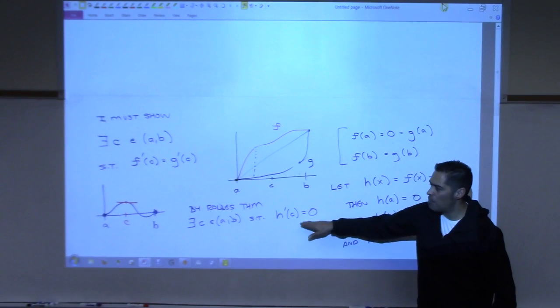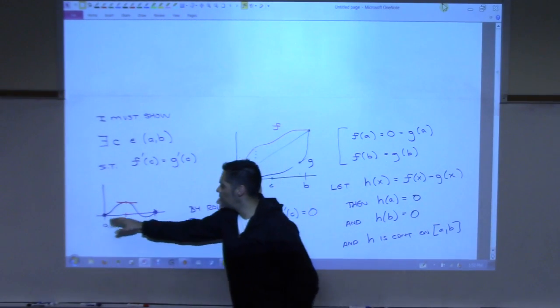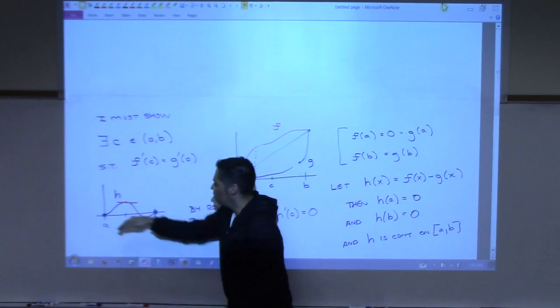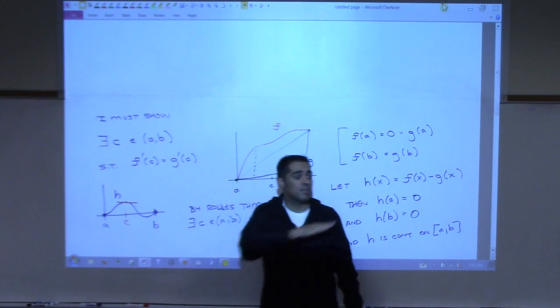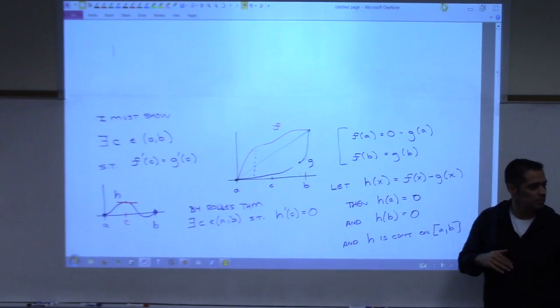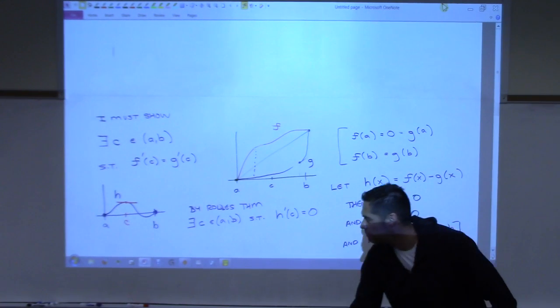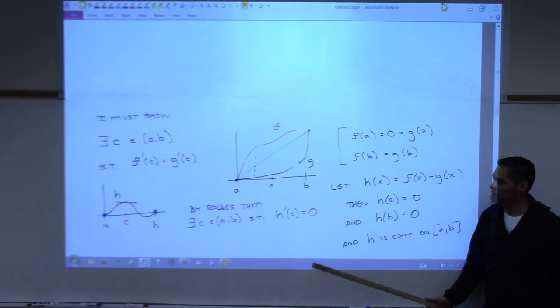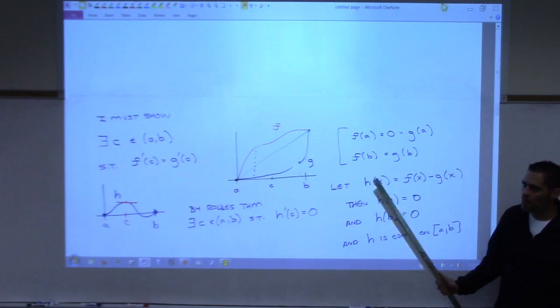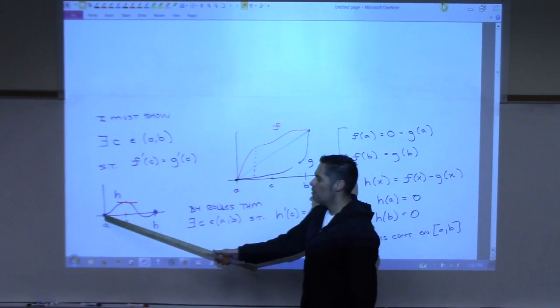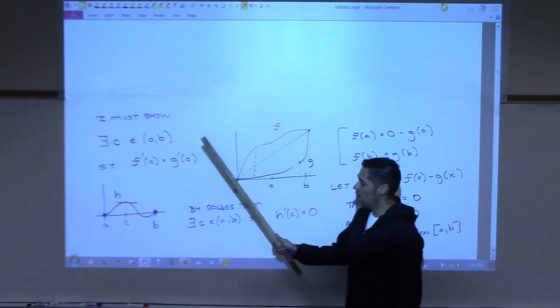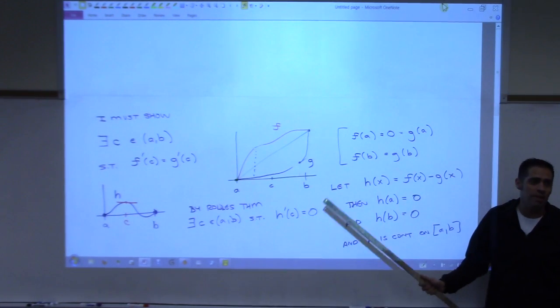There's got to be somewhere in here, where this was the graph of h, where the derivative at that value must be flat, must be 0, yes? So no one's arguing with me? I don't want anyone to be skeptical here. There's got to be a point in here where the derivative of that function h at that point is 0.